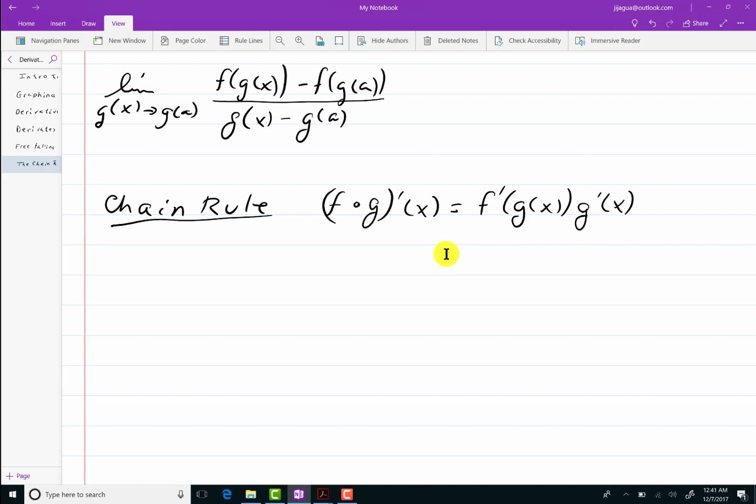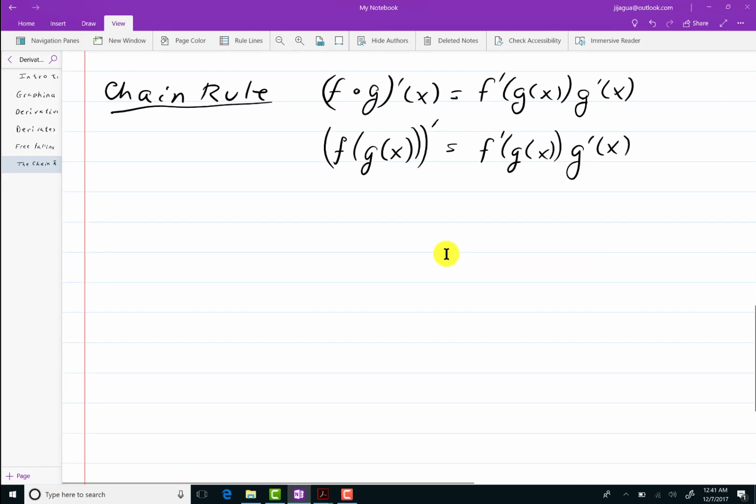You might see something like f of g of x, and I don't want to put the prime here because that means I'm taking the derivative of f. So you might see something like f prime of g of x times g prime of x. That's horrible, but that happens.